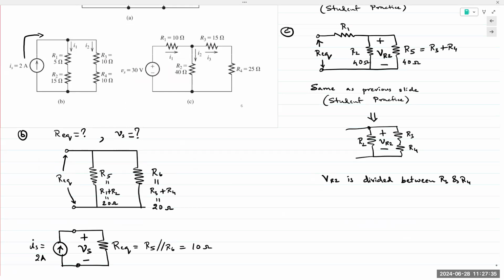From voltage division, we can write that VR3 is a fraction of VR2, and the fraction is given by R3 divided by REQ of that branch. The REQ of that branch is just R3 plus R4.